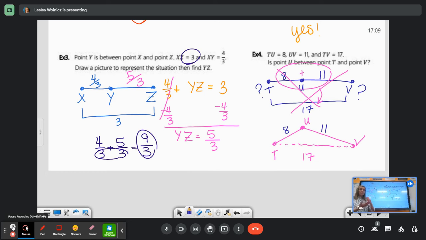So we can use the segment addition postulate to say there is no way that U can be on the same segment as TV. It can't be between them on the segment. Okay, so we're going to say no. All right, next.